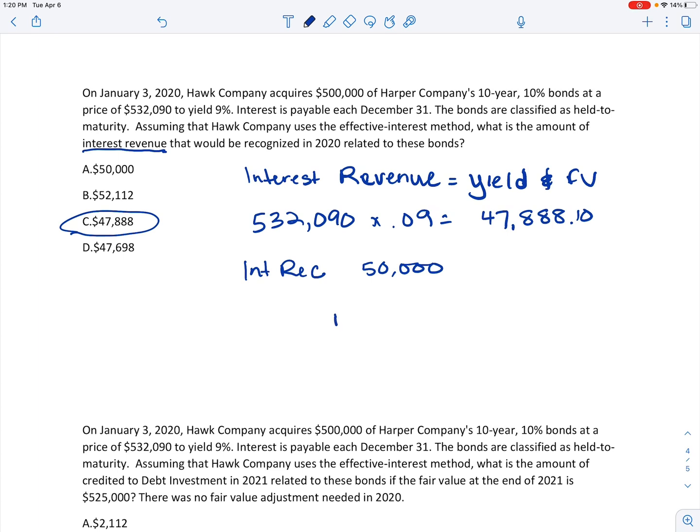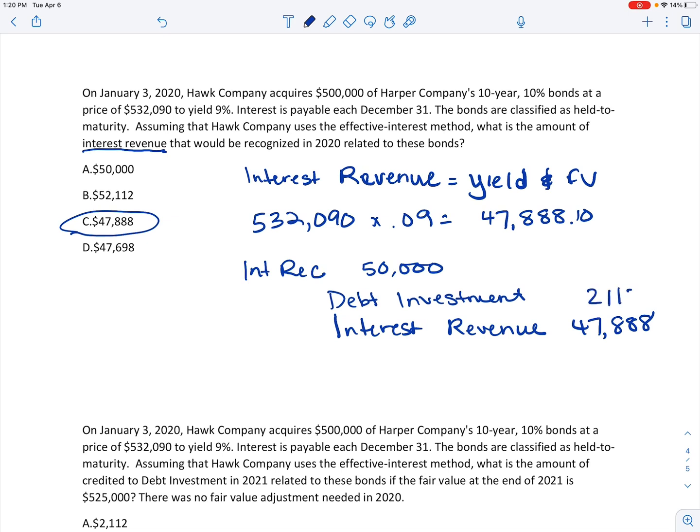Credit my interest revenue for the 47,888, and then that difference, remember, is going to go to debt investment, which would decrease the value of that investment, amortizing it down.